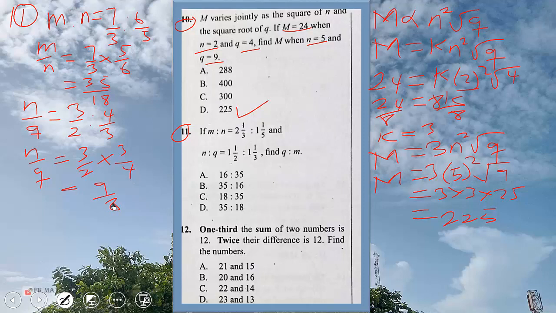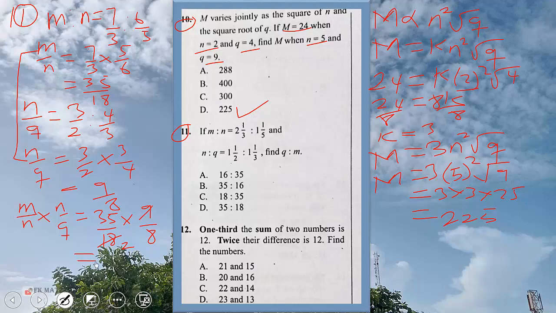Now, if you multiply this and this, you get m over n times n over q to be equal to 35 over 18 times 9 over 8. 9 will go into 18 two times.